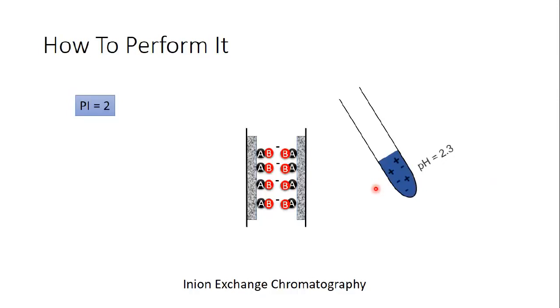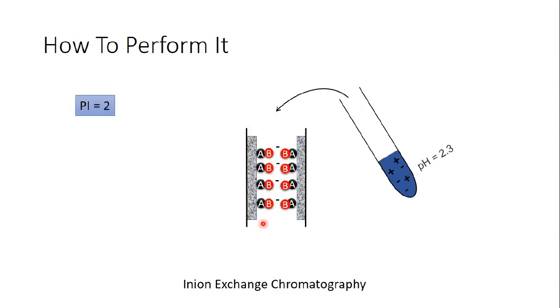So when I choose a pH, here, if you look at this, the pH is 2.3. So the pH is higher than the pI of our protein of interest. And as I told you, by the rule of thumb, when the pH is higher, the protein will be negatively charged. So my protein will be negatively charged, and then I should apply anion exchange chromatography. So when I apply my sample to the column, my protein will be exchanging with substance B.